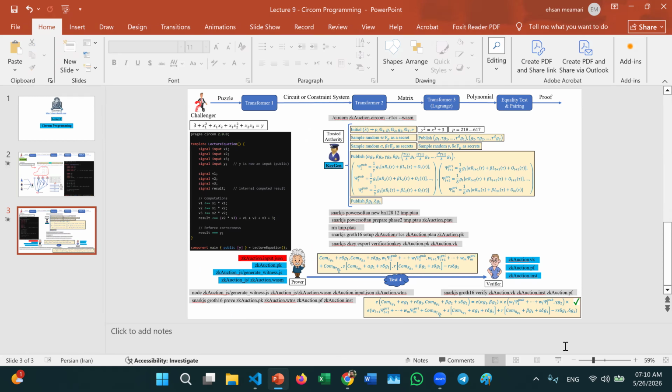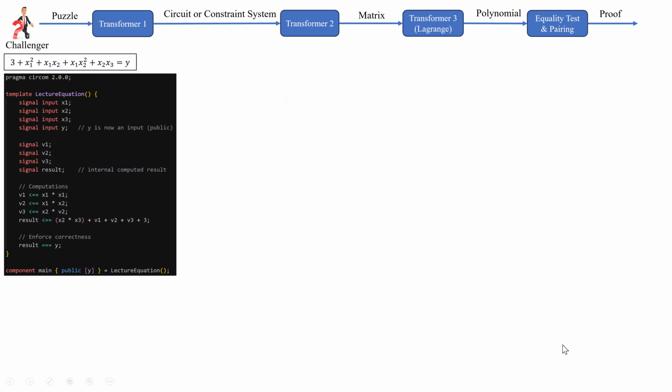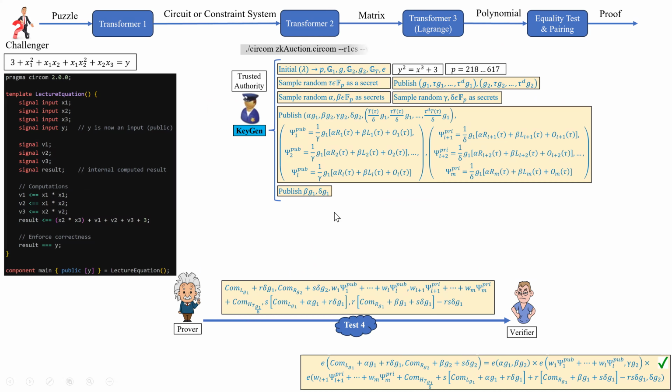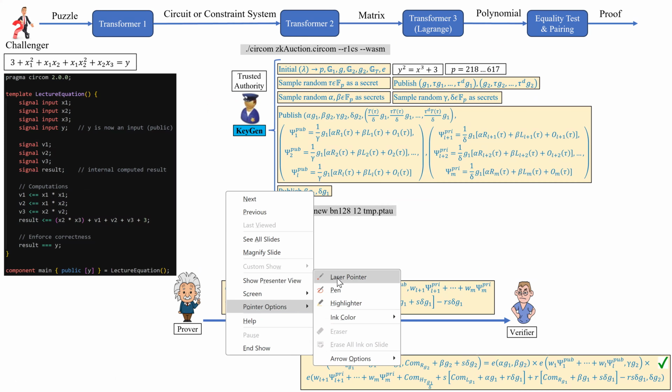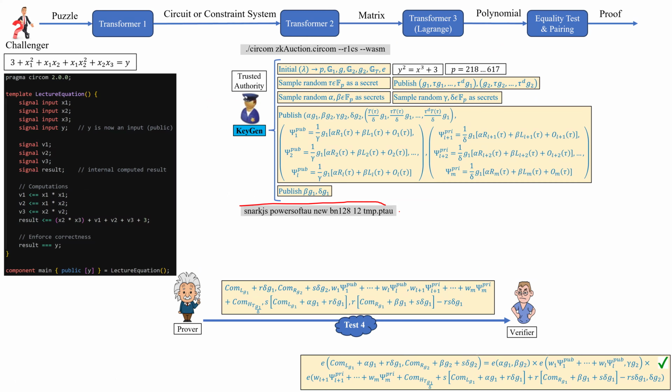Okay, for the second command, the trusted authority needs to run these lines, and then it will decide the value of tau, right? You remember that we had a secret value of tau that allowed generating the SRS values.